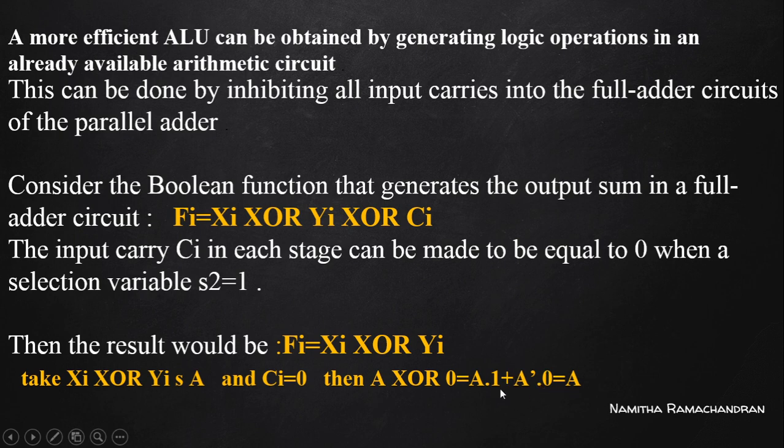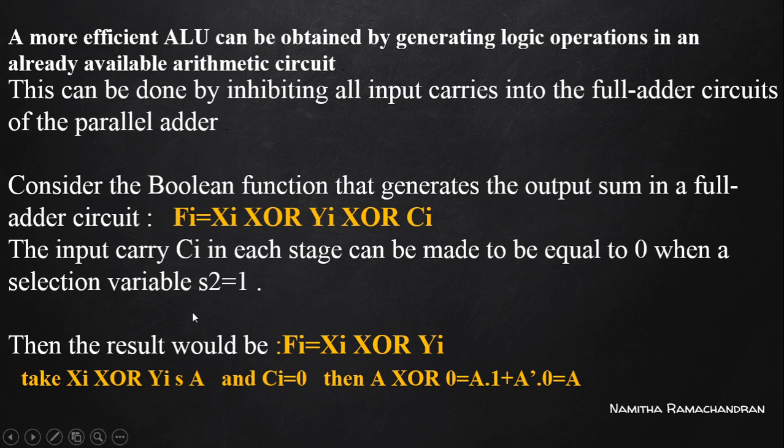That means this one is A and this one is 0. A plus 0 is A itself, right? So in xi xor yi xor ci, the ci value is 0, so this expression is reduced to this form, that is, the function becomes xi xor yi whenever the ci value becomes 0. Okay, so keep this point in your mind.